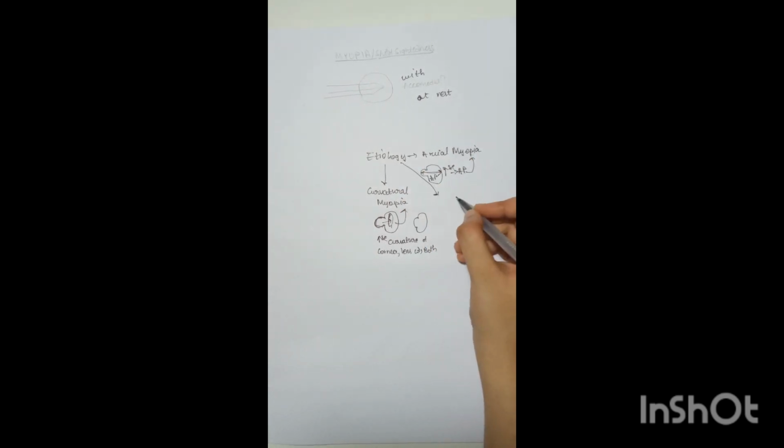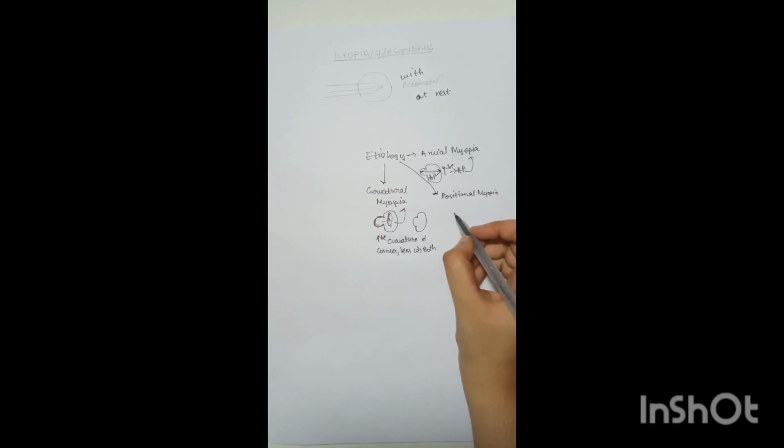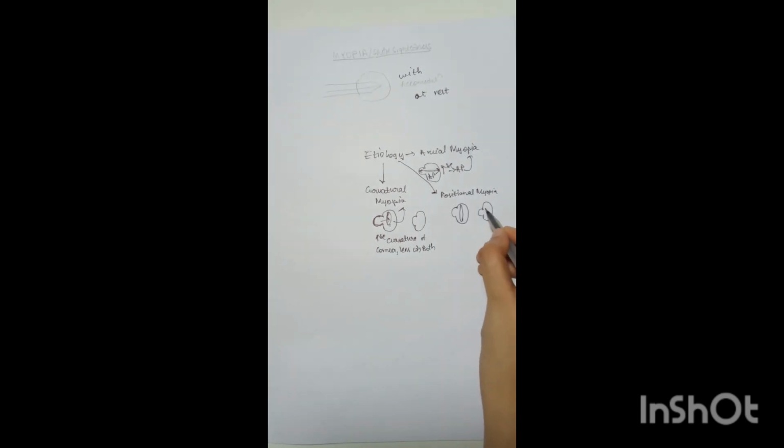And the third etiology is positional myopia. It is due to abnormal position of the lens. It was supposed to stay like this, but because of anterior positioning of the lens, it causes myopia.